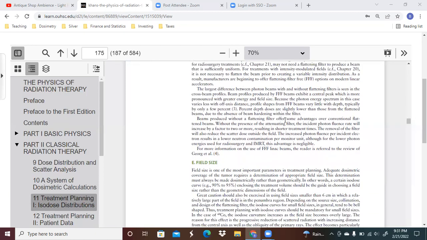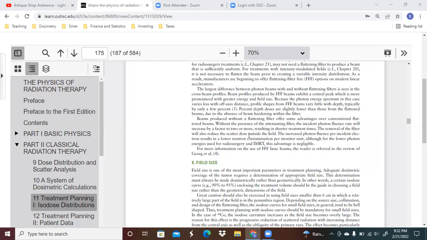And beams without a flattening filter offer some advantages. Without that flattening or attenuating filter, the incident photon fluence rate will increase by a factor of 2 or more. In many cases, I've seen this jump from what we normally use in our clinic, which is 500, although you can use 600, to dose rates up to 1400.